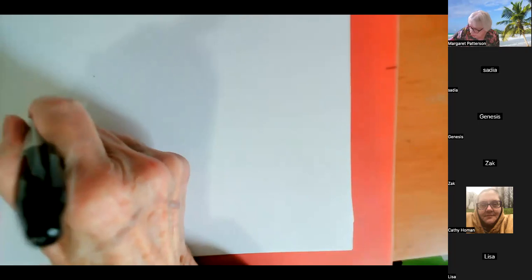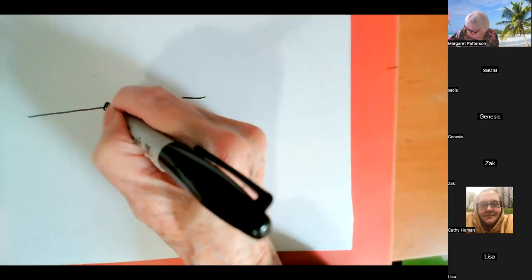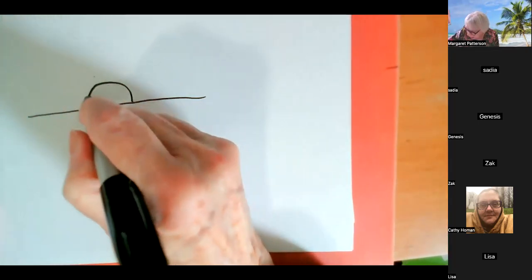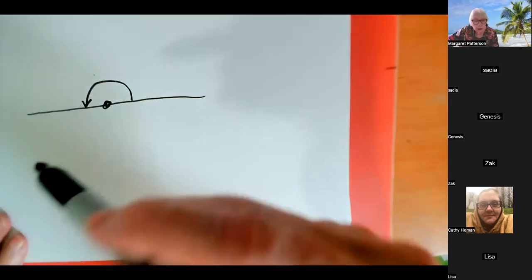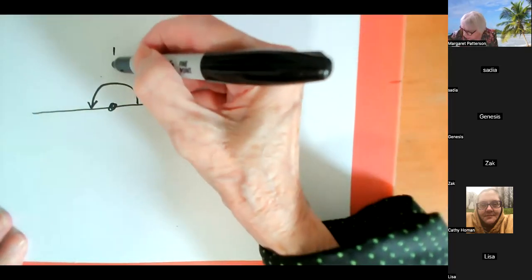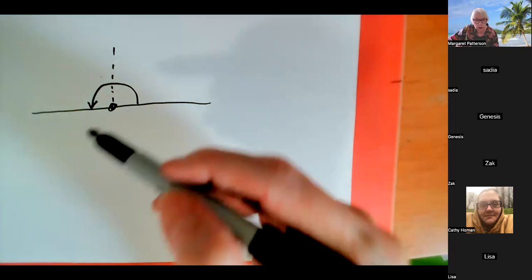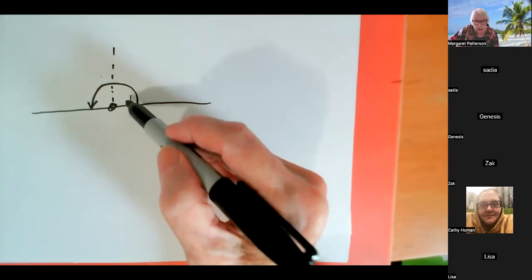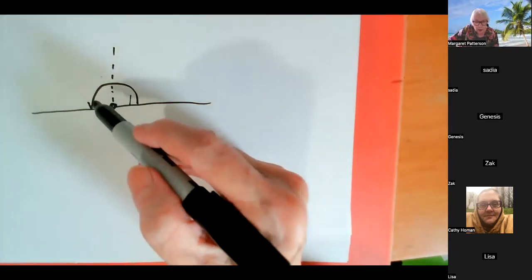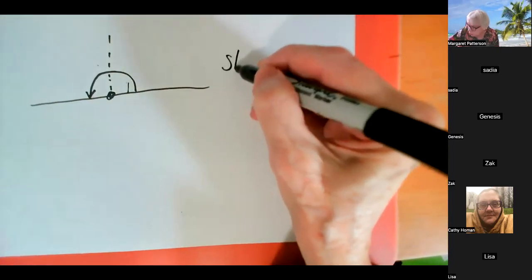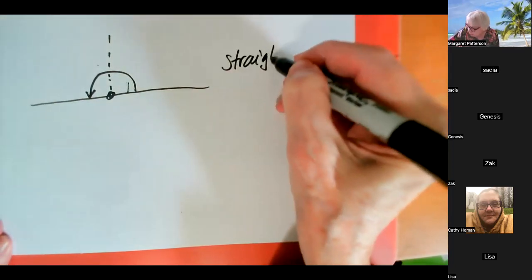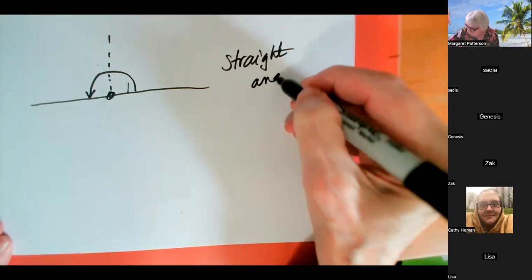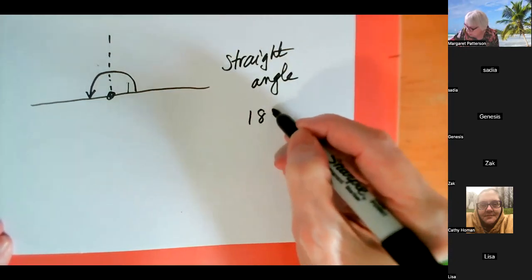There's another kind of angle. And it really amounts to two 90-degree angles. So you had a 90-degree angle here and a 90-degree angle here. This is called a straight angle. And it's 180 degrees.